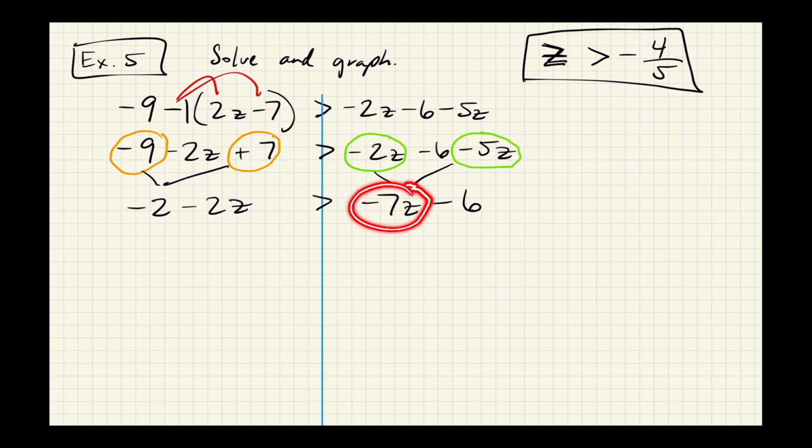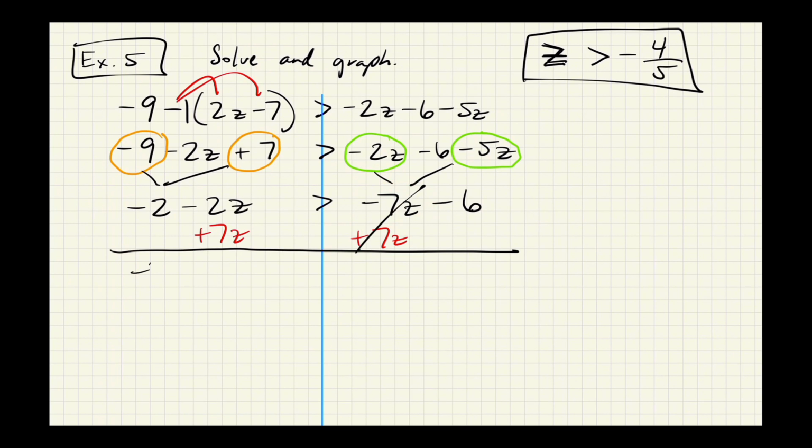So to move that guy, I got to do the opposite. Negative 2 plus 5z.